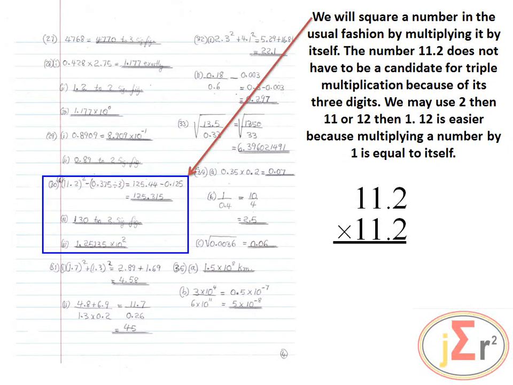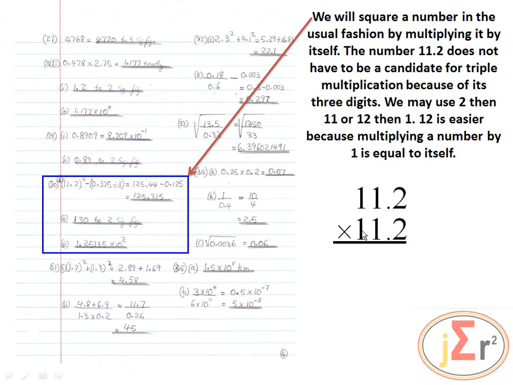What do we do? We say either multiply by 2 and then multiply by 11. We know our 2 times table and we know our 11 times table. Or we may take these 2 digits first, multiplying by 12 and then by 1.